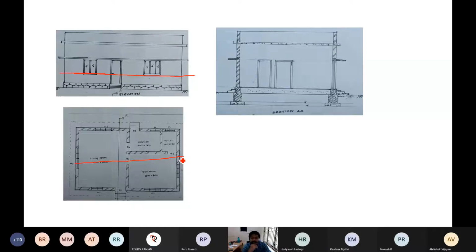So 1 is to 10? I am talking about an A4 sheet. 1 is to 100 means 8.6 centimeter. 8.6 centimeter is enough for you.